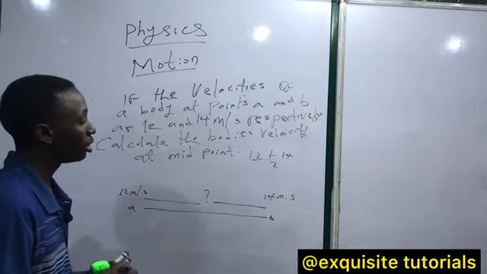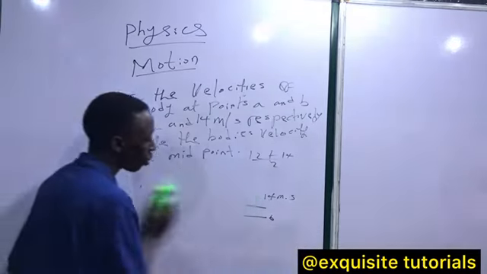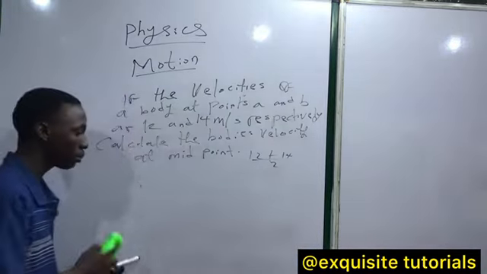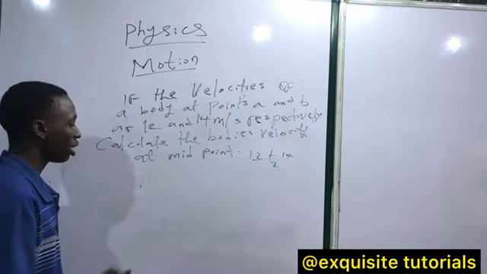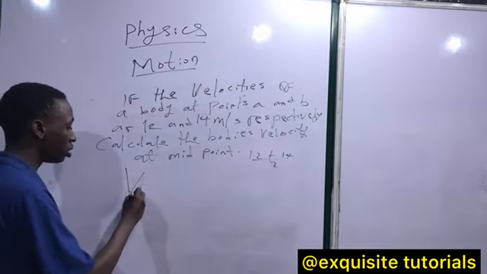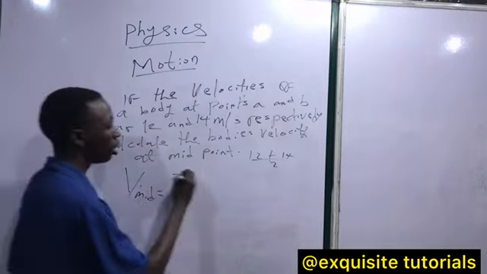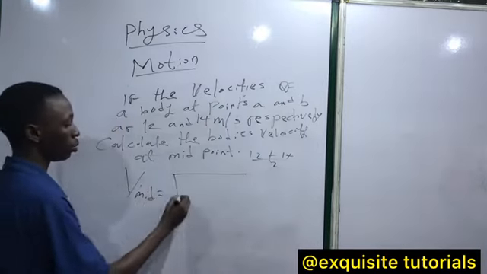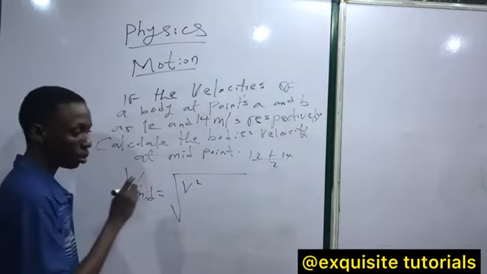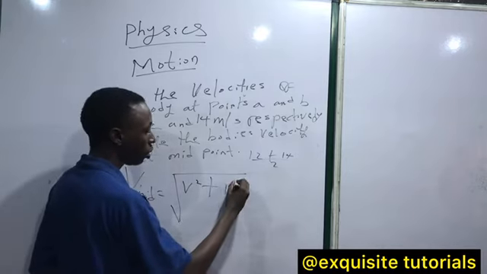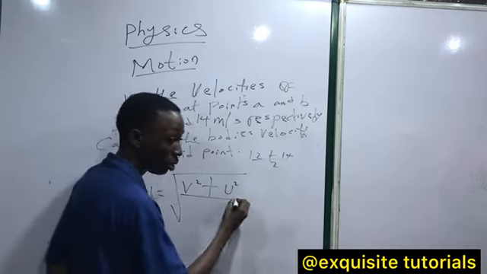Now, there's a formula for calculating velocity at the midpoint. The formula says the midway velocity is equal to the square root of the final velocity squared plus the initial velocity squared, all over 2.